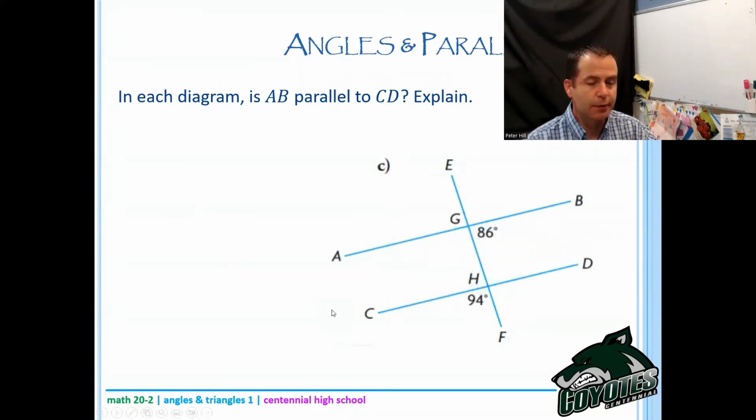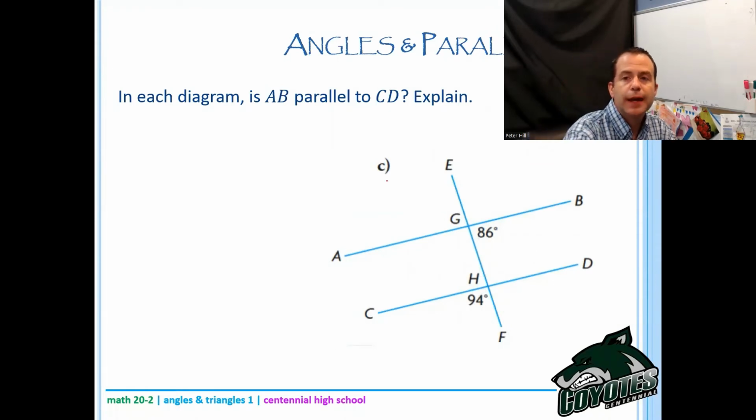All right, let's try this one. If I know that opposite G is 86, that tells me G has to also be 86, right? Because those are opposite of each other. And I know that H has to be 180 minus 94, because H and 94 form this straight line here.